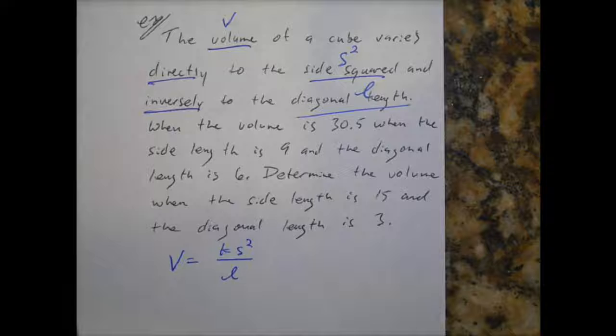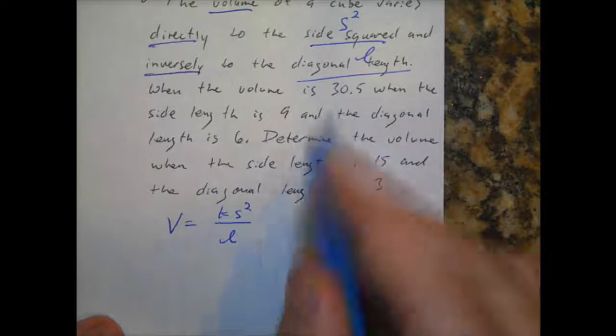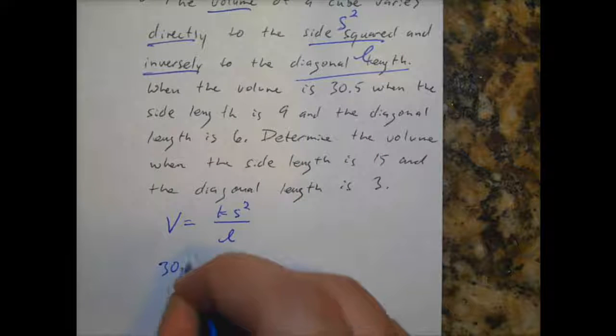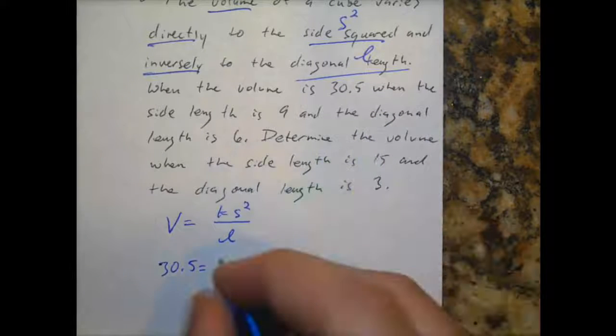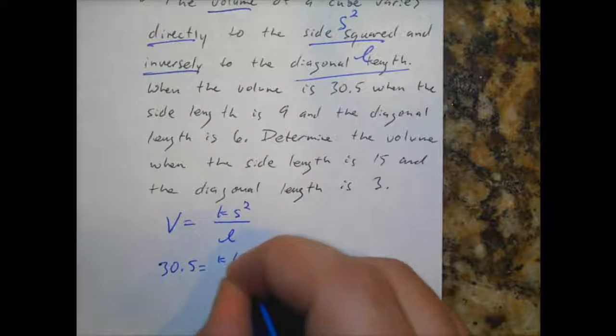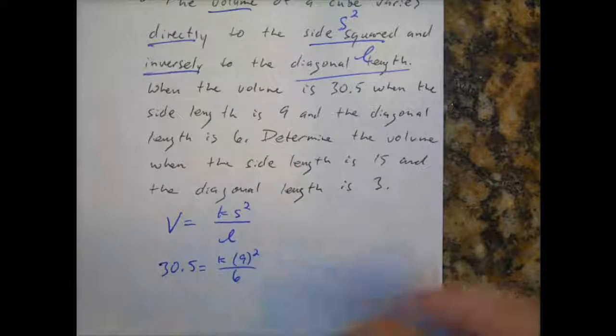So that's kind of our formula. We do want to find k though to actually state the formula. And it goes on. It says when the volume is 30.5, the side length is 9. So I don't know k, the side length is 9, and the diagonal length is 6.